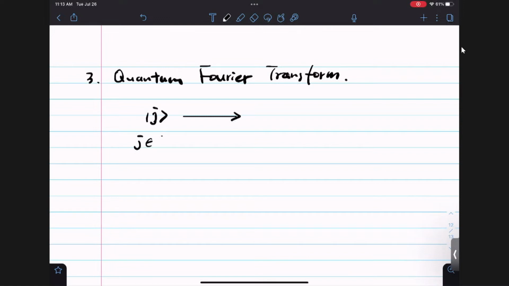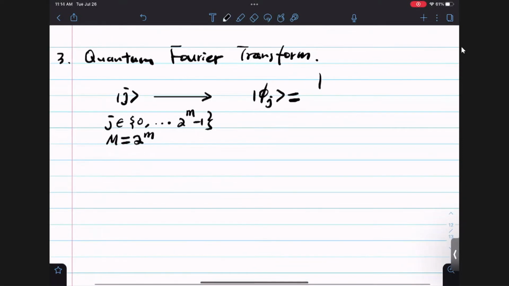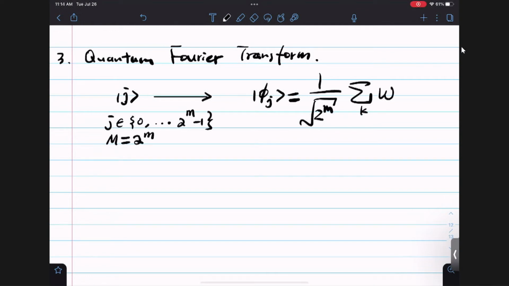It ranges from 0 to 2 to the m minus 1. Let me use capital M to denote 2 to the little m. And then let me define another set of states. For each j, I define phi j, which is 1 over square root of M, summation over k, omega_M to the j times k, ket k. Here omega_M is just the M-th root of unity, so e to the 2 pi i over M.